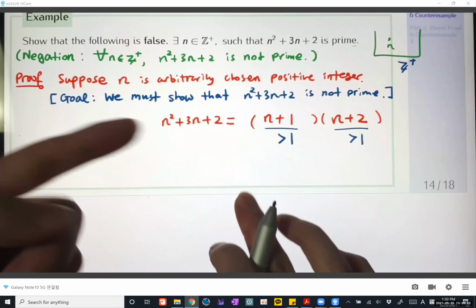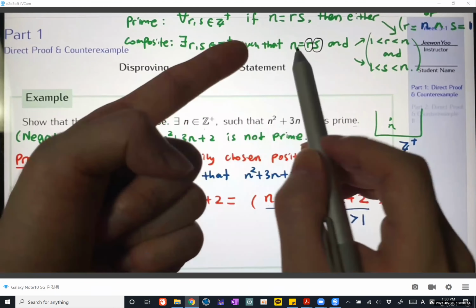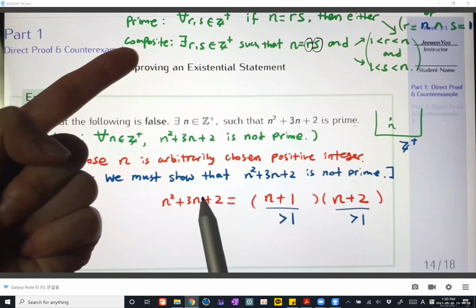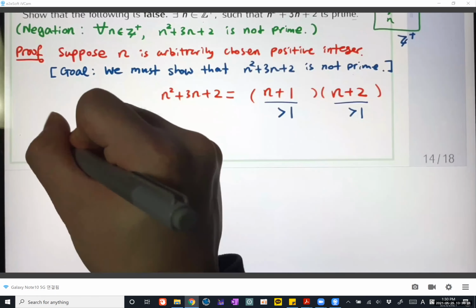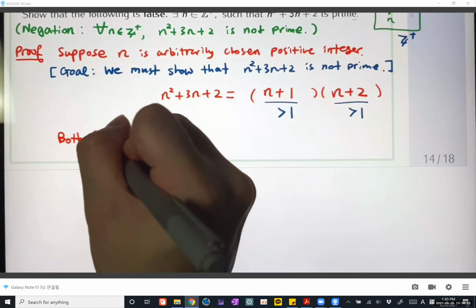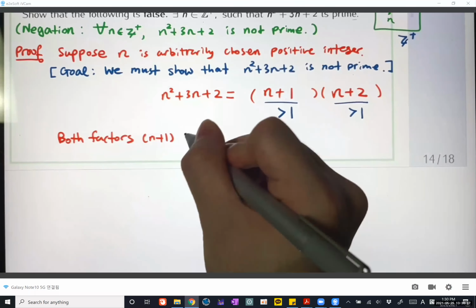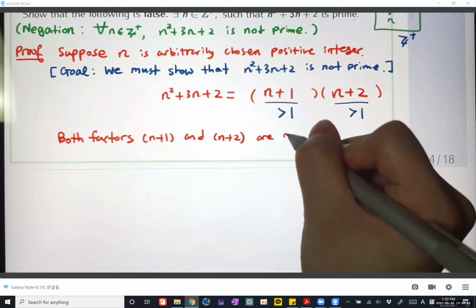Okay. As soon as you see it's greater than 1, what is our conclusion about this number? The conclusion is that n squared plus 3n plus 2 must be a composite number. Note, both factors, n plus 1 and n plus 2, are greater than 1.